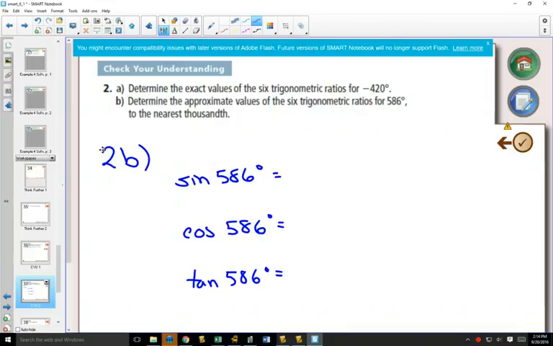Write those to the nearest thousandth, and then do the reciprocals. So what is cosecant of 586 degrees, secant of 586 degrees, and cotangent of 586 degrees.